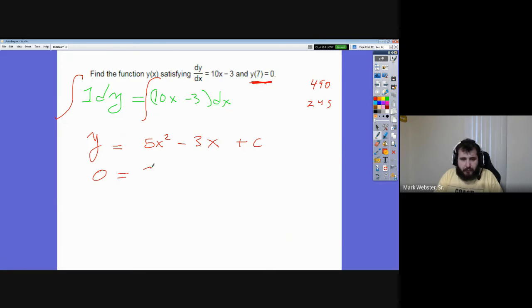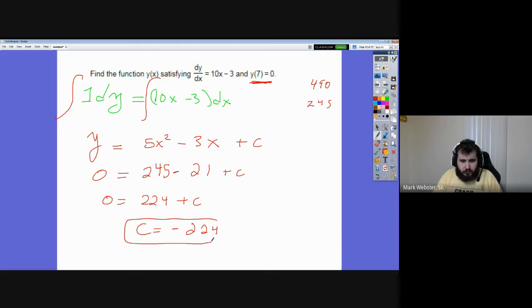Okay. Minus 3 times 7 plus c. Now let's solve for c. 245 minus 21 is 224. And so when I subtract the 224 over, c equals negative 224.